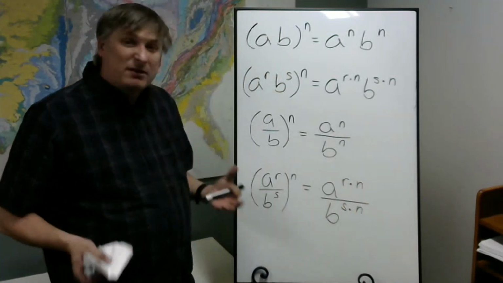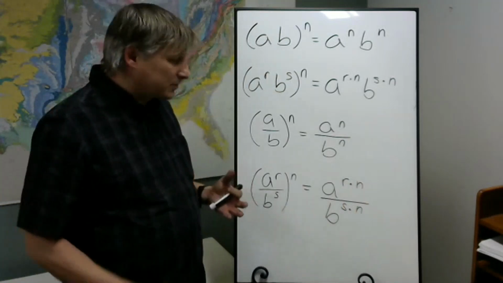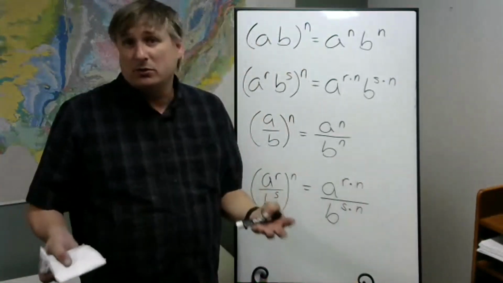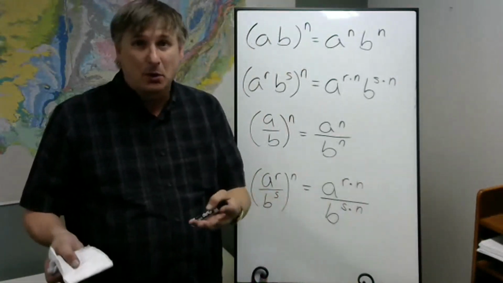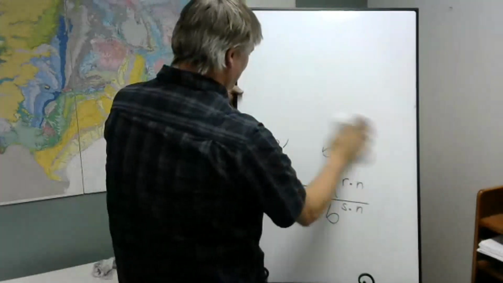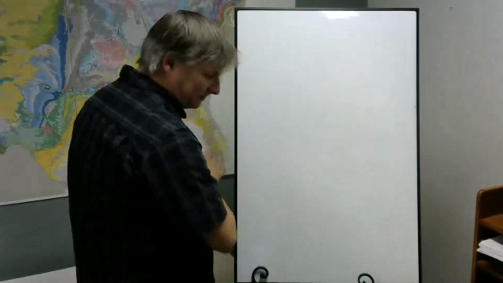So we're going to bring back these rules with exponents. We're going to apply that to this, basically the same thing we do with rational exponents. So let's do some examples.